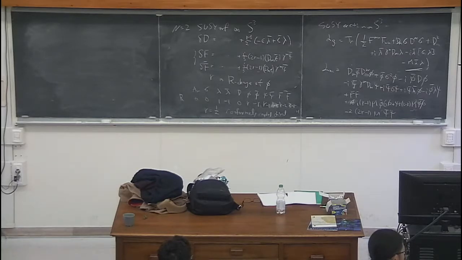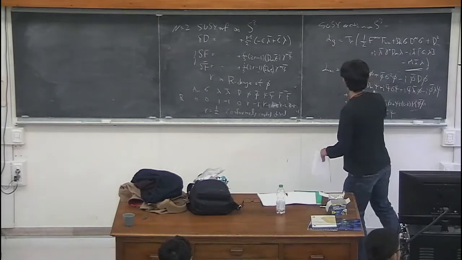My question is, how could I look at this and see that S3 translates this M parameter? Here we should use some property of the Killing spinors on S3.